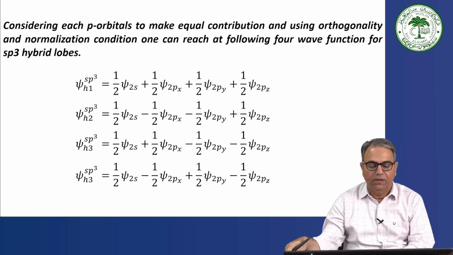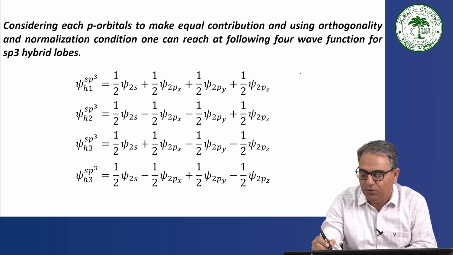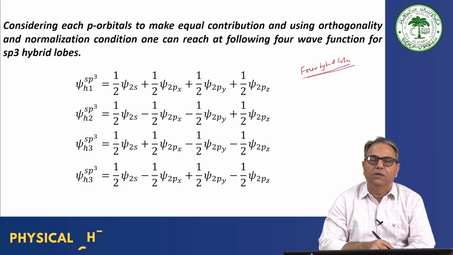If we assume that, then what can you write? We can write the wave function. Suppose you have 4 hybrid lobes, and in each of these hybrid lobes there is a contribution from the s orbital.